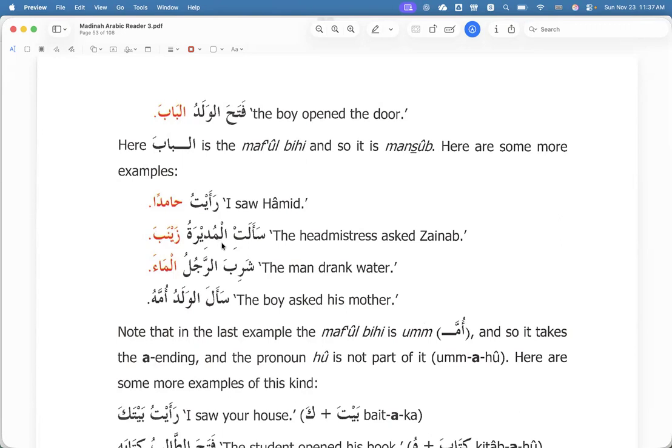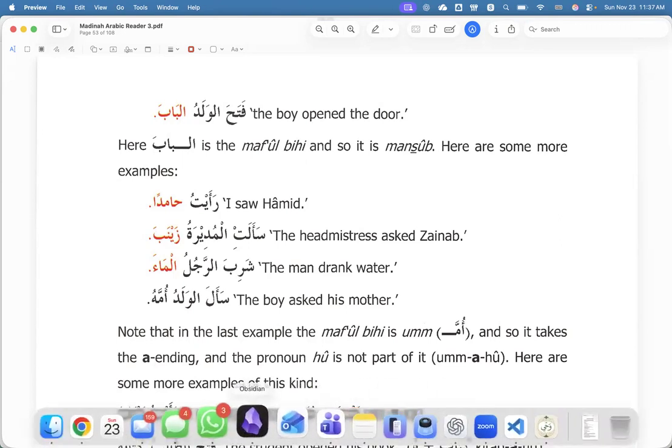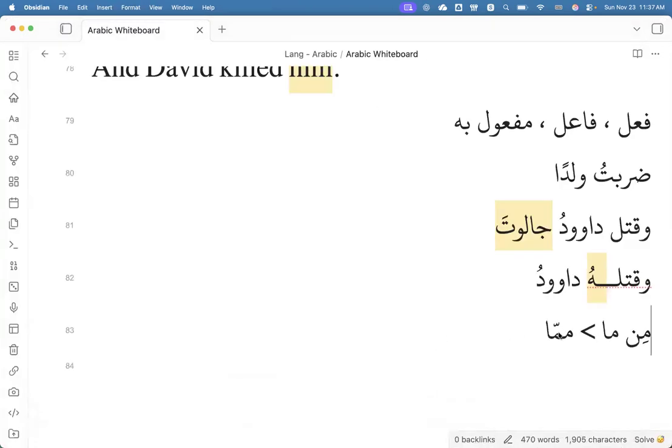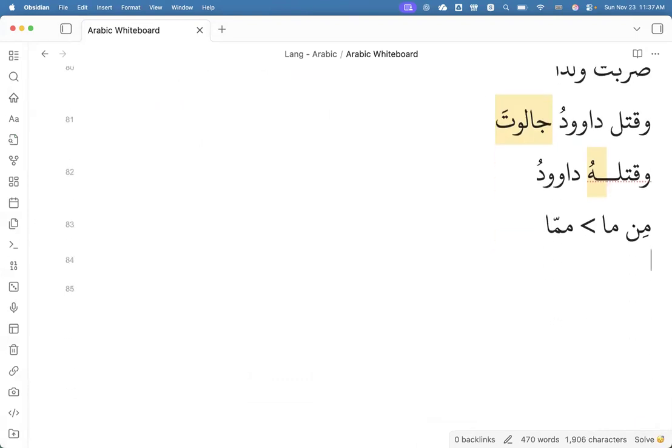Okay, before we move on, I want to show you something. It's a new concept. It's not that significant necessarily. So, what do we know about the three letters of the verb? These are important, right? Fa'ala, right? Most verbs have three-letter roots. And typically they are fatha, fatha, fatha, right?